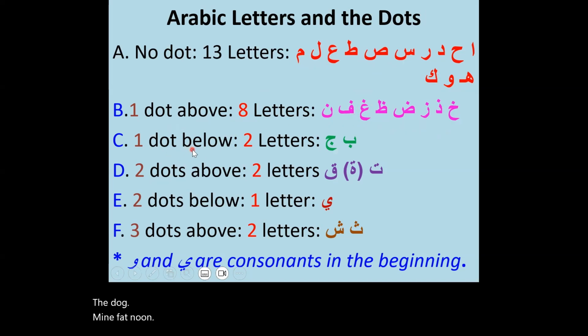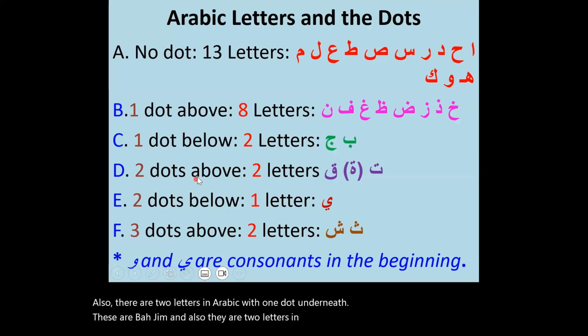And also there are 2 letters in Arabic with one dot underneath. These are Ba, Jim. And also there are 2 letters in Arabic that have 2 dots on top or above it. And that is the letter Ta and Qaf.